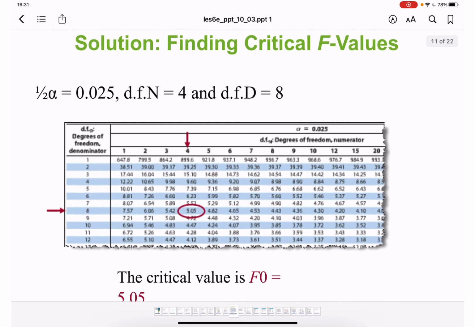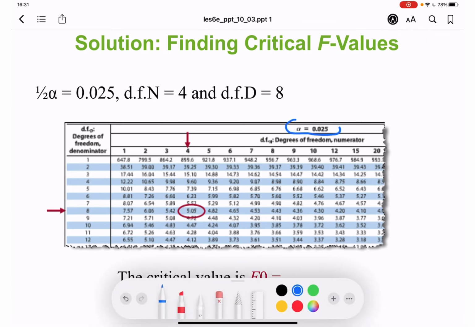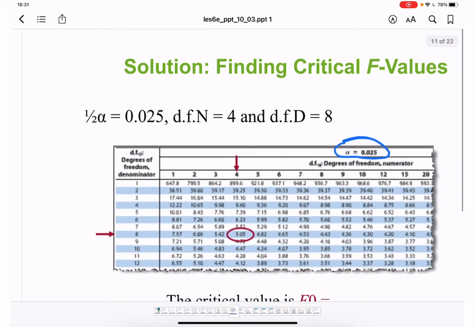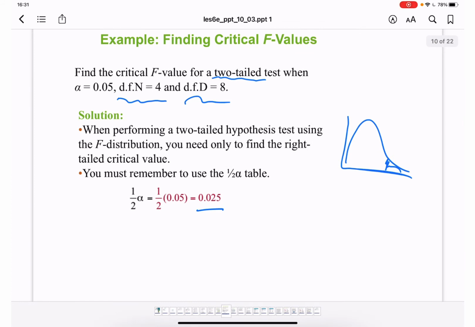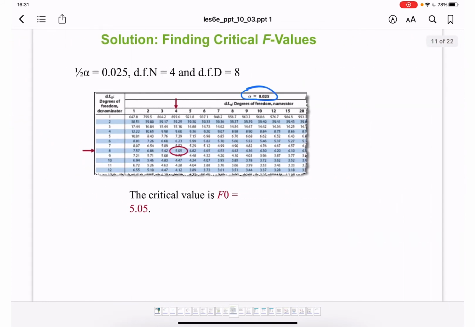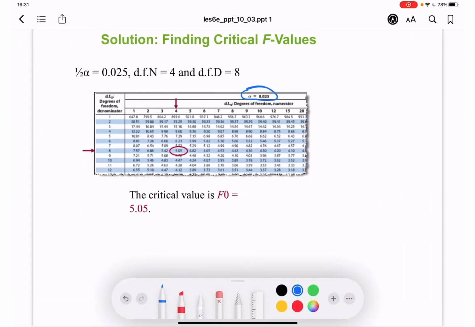When we have the critical F value for 0.025, here is our 0.025, and the degrees of freedom, let me go back here, 4 for the numerator and 8 for the denominator. The numerator goes horizontally, the denominator goes vertically.